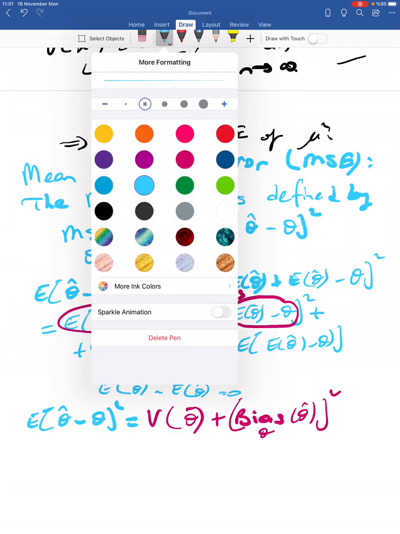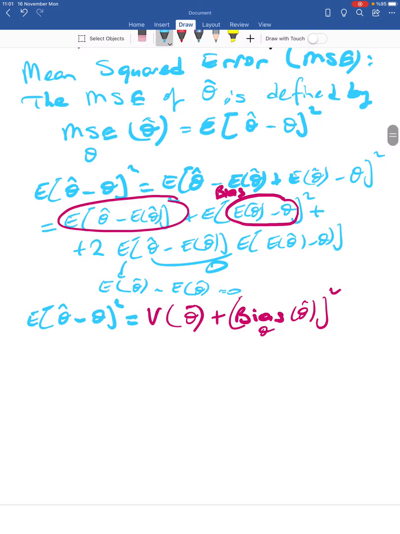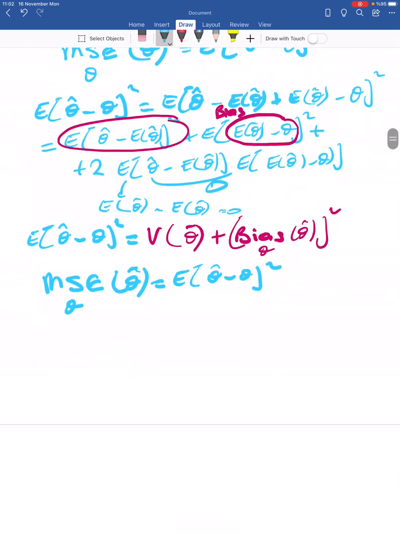So what we have here is the mean square error of theta hat for estimating theta equals expected theta hat minus theta whole square. But when we have estimators, this is much easier: we have the variance of theta hat plus the bias square.